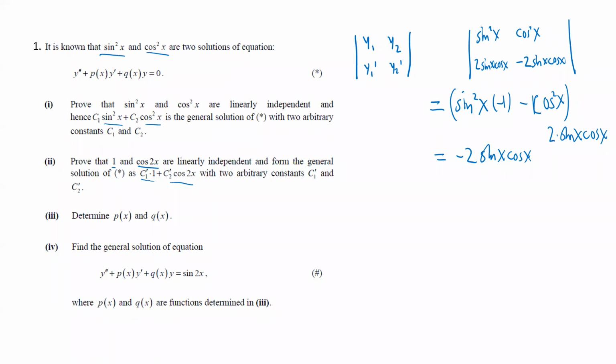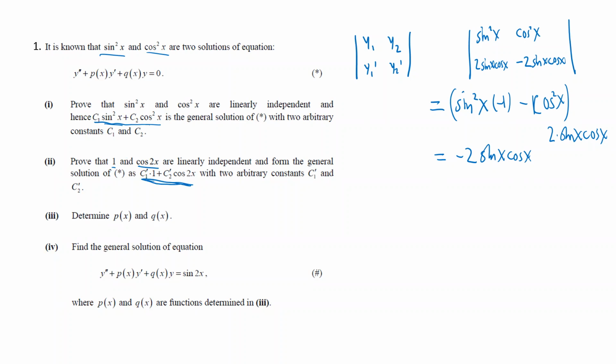So is this equivalent to that? That's the question. First of all, we can prove that 1 and cosine 2x are linearly independent, right? That's no problem. Again, using the Wronskian or just taking the ratio, so I don't need to repeat that.